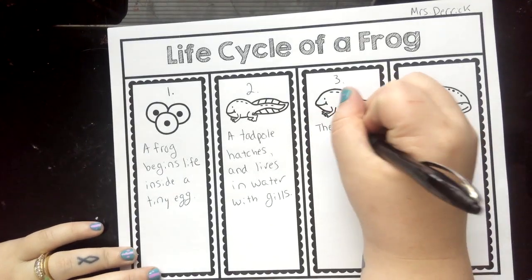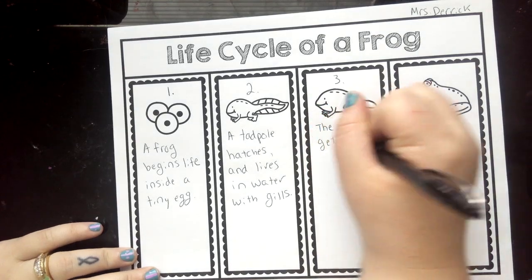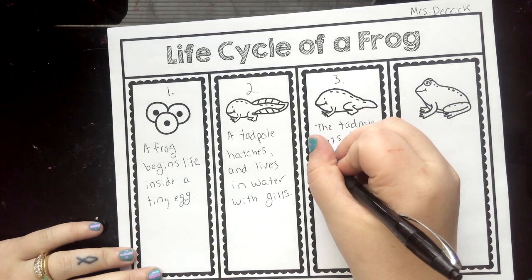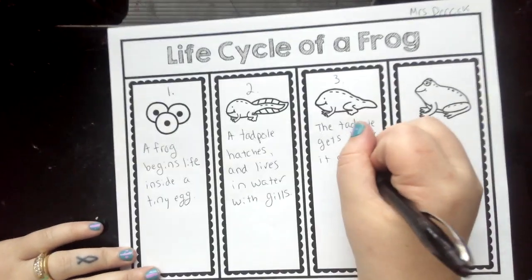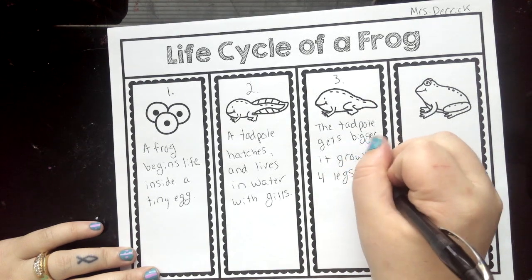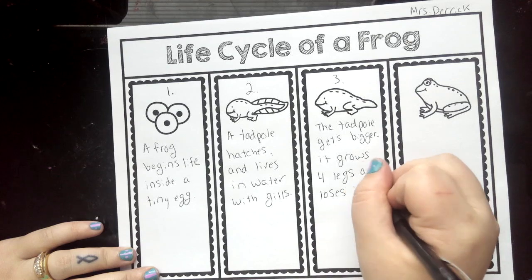The tadpole gets bigger. It grows 4 legs and loses its tail.